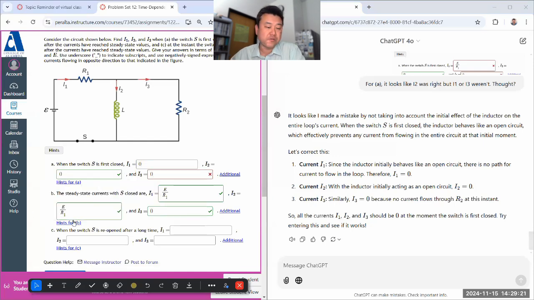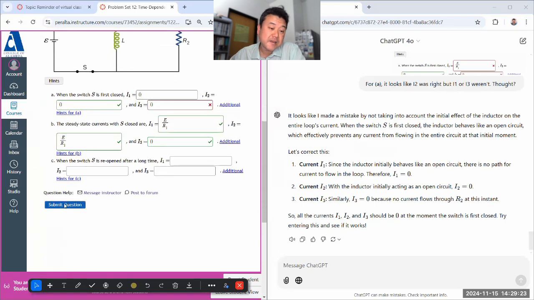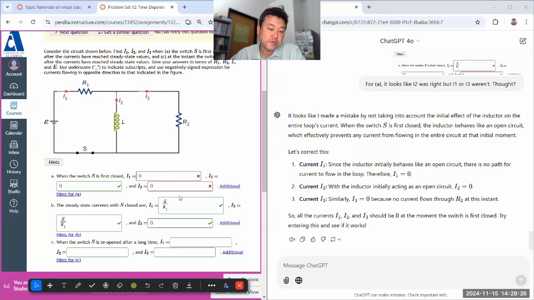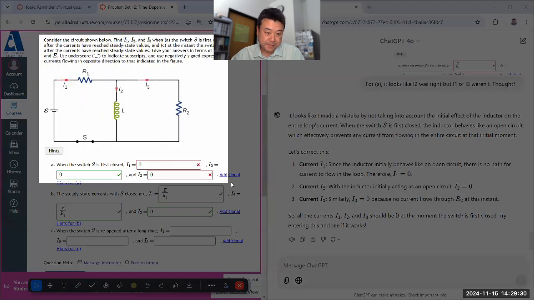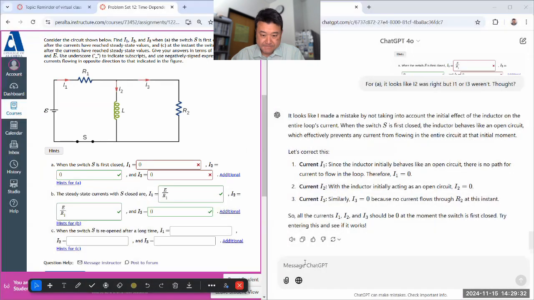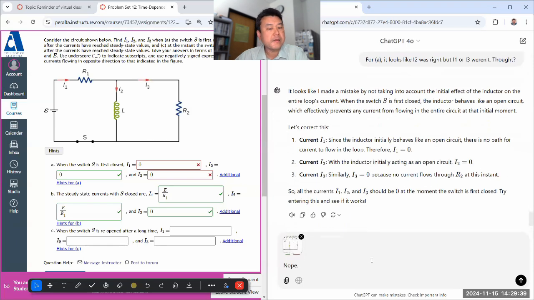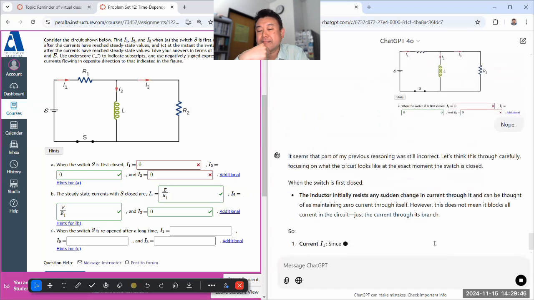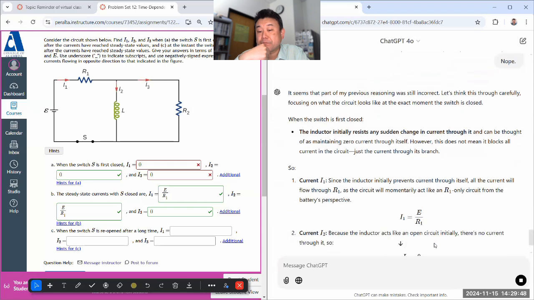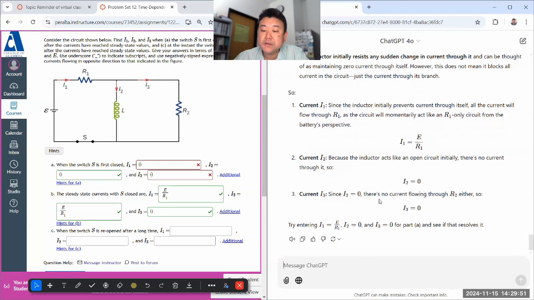Alright, let's tell it wrong again. This time it's at least not internally wrong logic-wise. Well, let's just try it again. Nope. Is it not going to get it? It's possible that it won't ever get it.